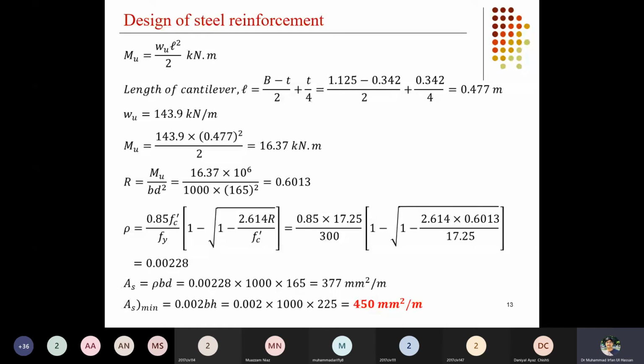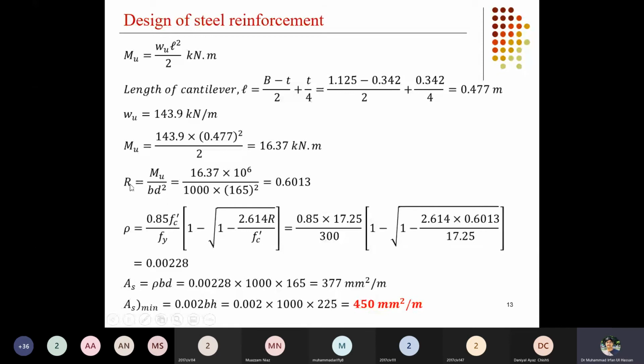So the moment in the footing will remain WU into L square by 2 all the time, where L is the distance between the free end of the footing to the critical section. And you know that L is B minus T by 2 plus T by 4, because, as I have told you, the critical section of the footing lies at 1/4 of the wall thickness. So that is added, and then you can compute the moment.